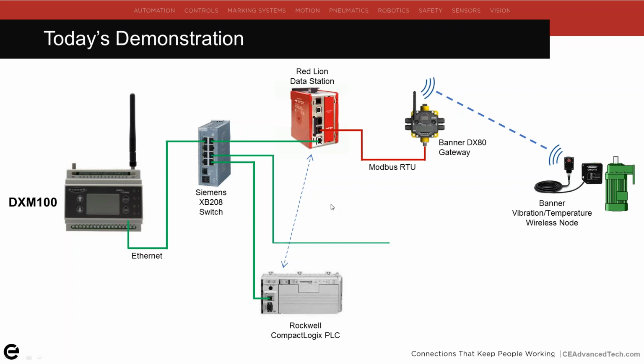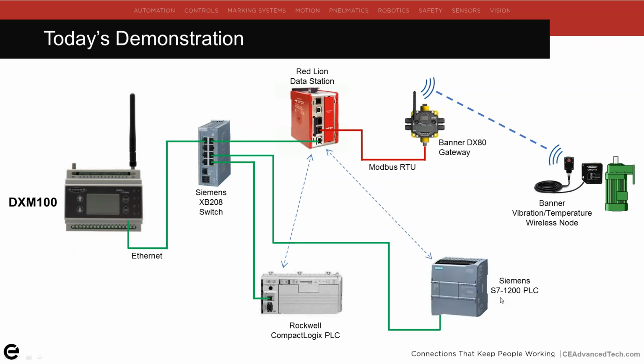But I wanted a variety of PLCs, which is why I stuck with the data station. So I'm also going to communicate to a Siemens S7-1200. In my DXM100, in this one example, I'm going to be pulling data directly from the wireless network, and also from a Rockwell PLC and a Siemens PLC. So that is the solution that I'm going to implement here now.